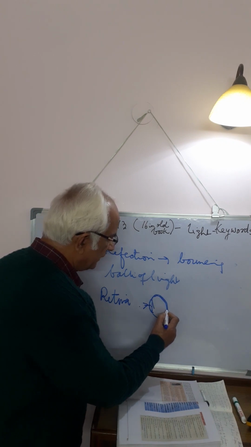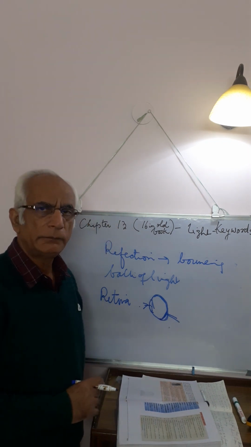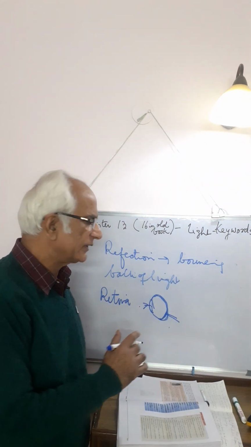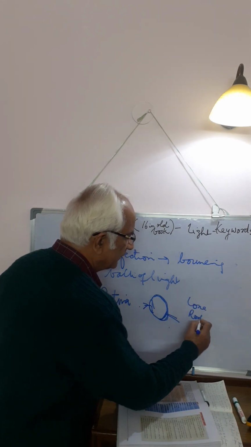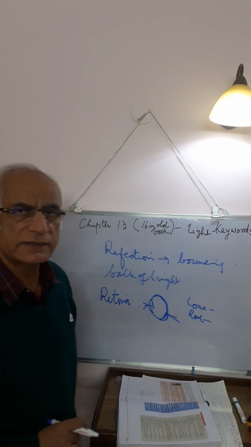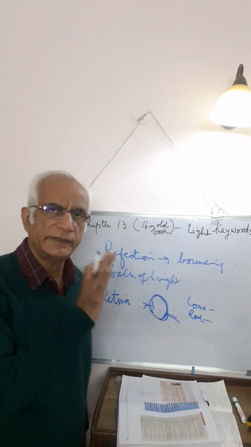So this is a lining here, and it is made up of many cells, but the most important cells are cone cells and rod cells. These cone cells and rod cells generate electrical impulses when light falls on them.